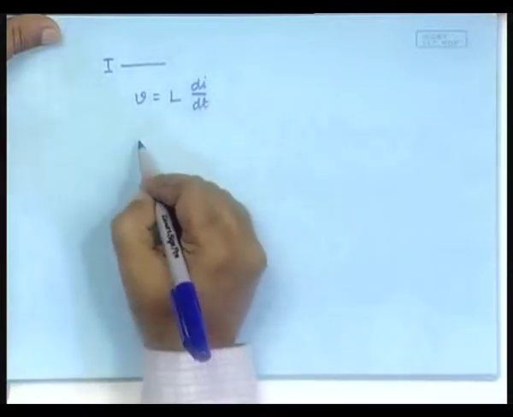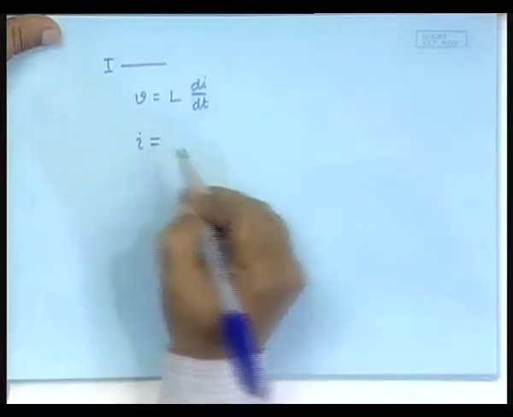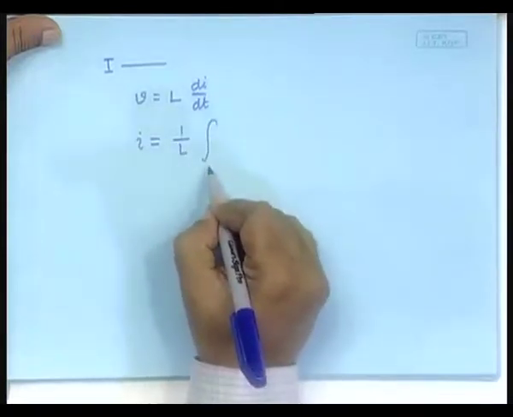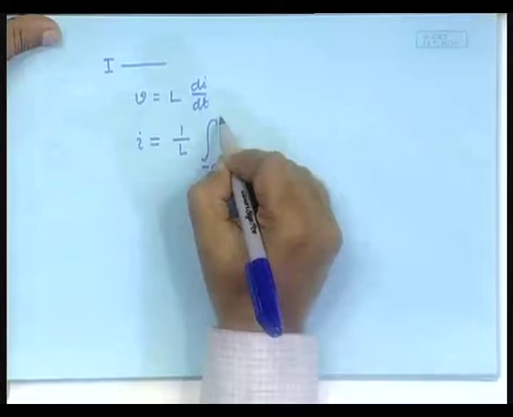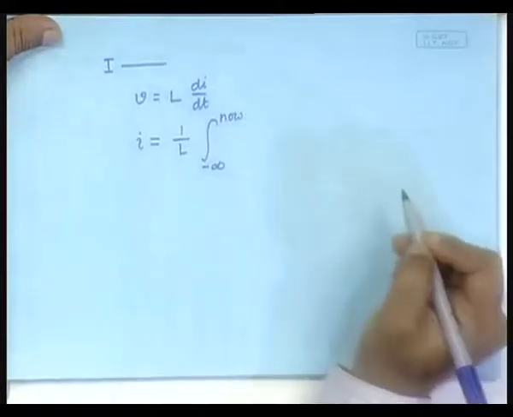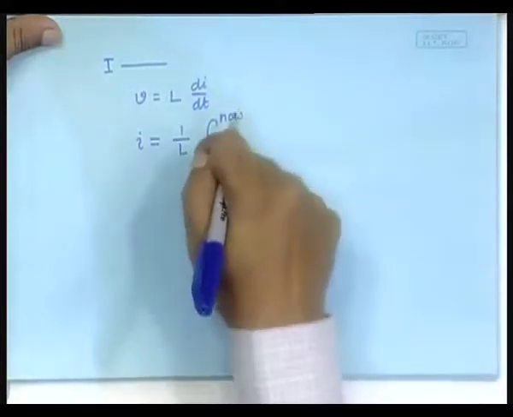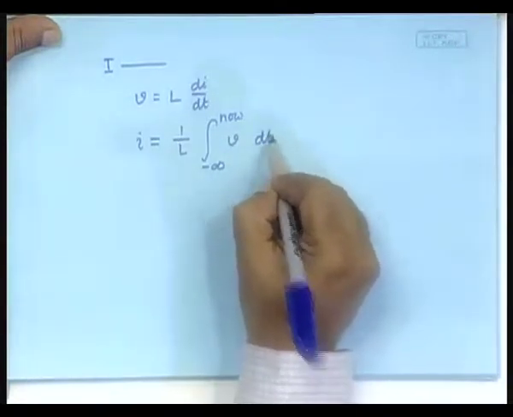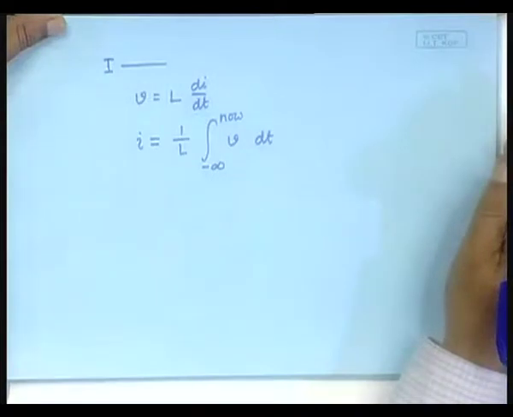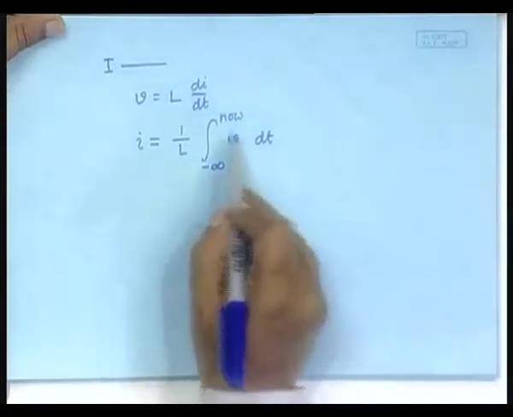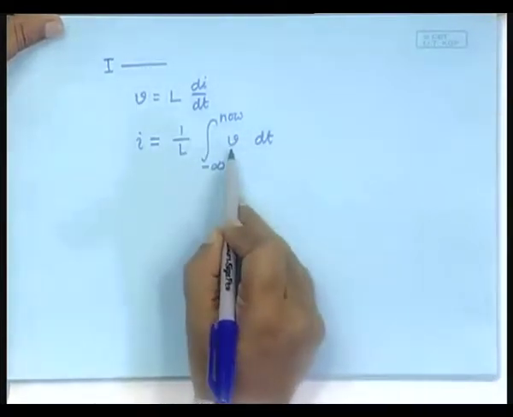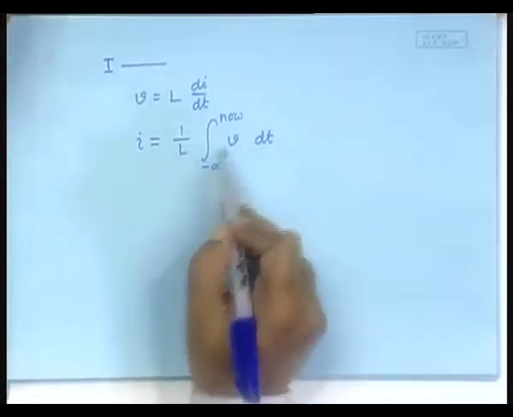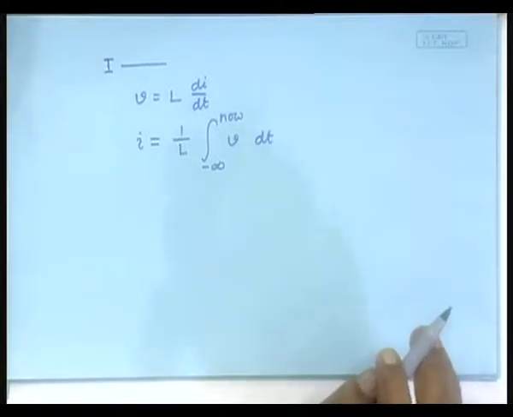This tells that I is 1 by L integral from minus infinity to now of V dt, right. This is a specific type of relationship between the effort variable and the flow variable. Effort integrated gives the flow, clear.